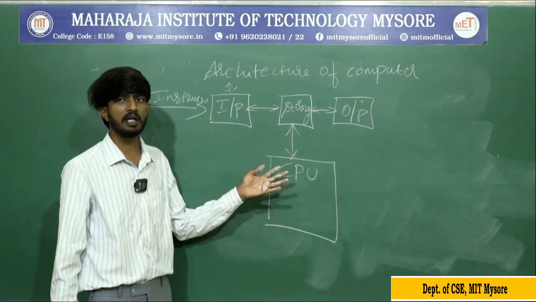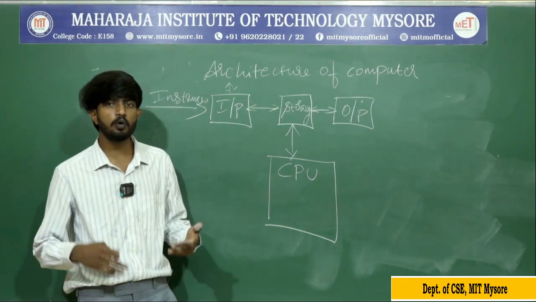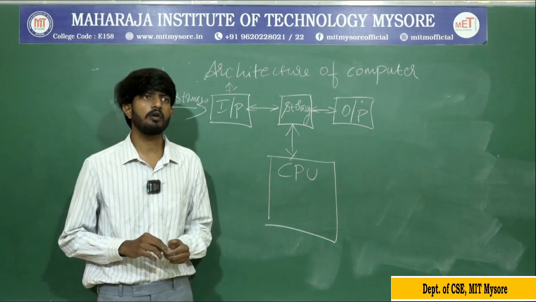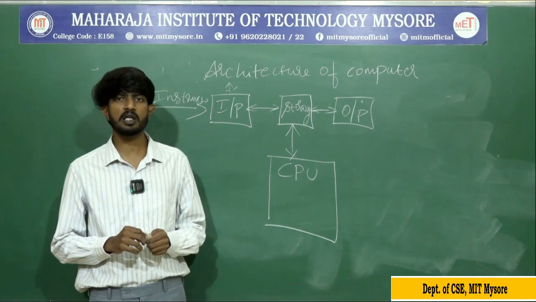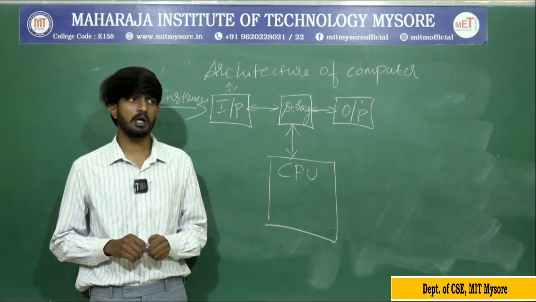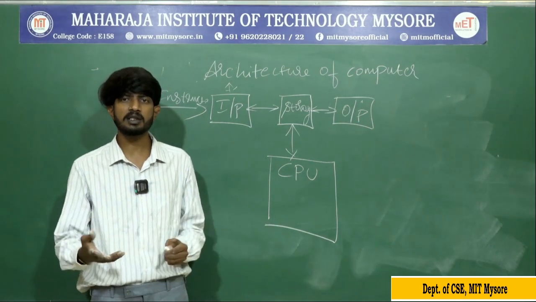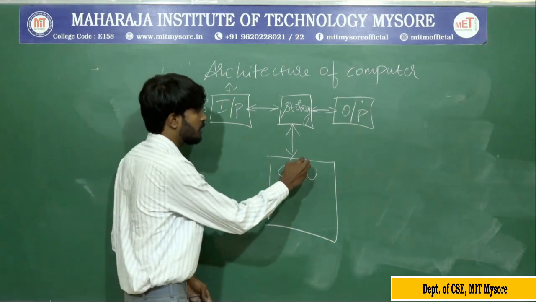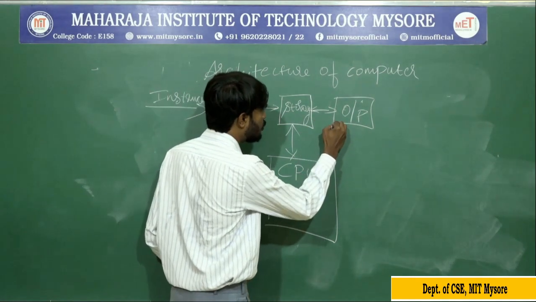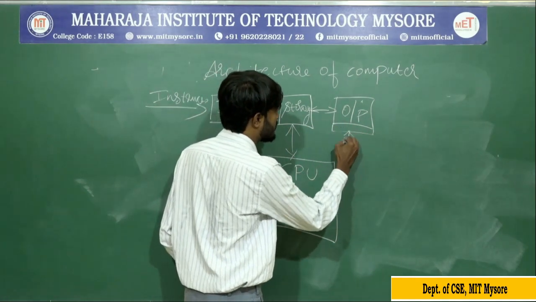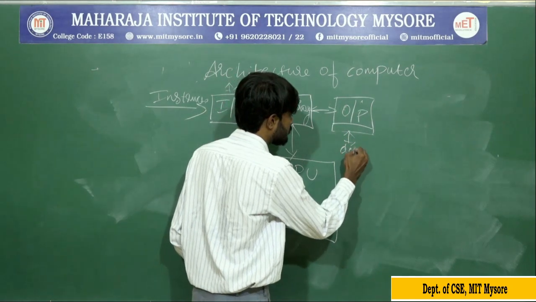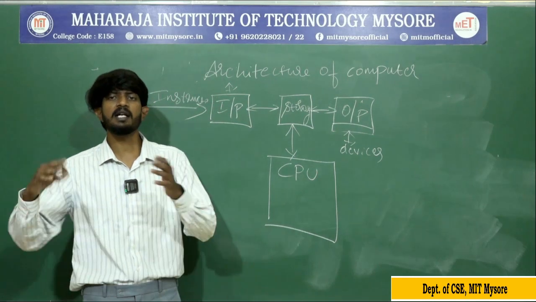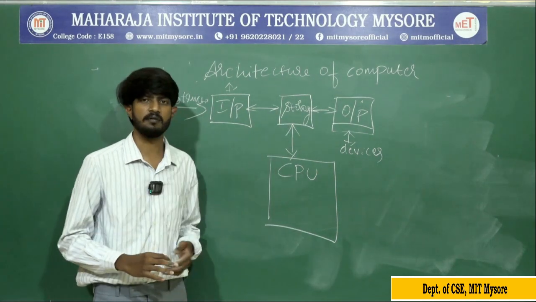Next, the CPU will do the operation which the instruction has given. So whatever instruction the user gave, the CPU will process that task. Then it will show the output in output devices.